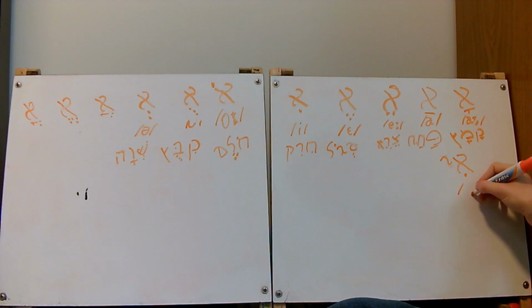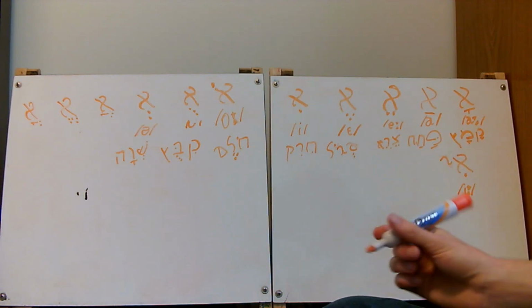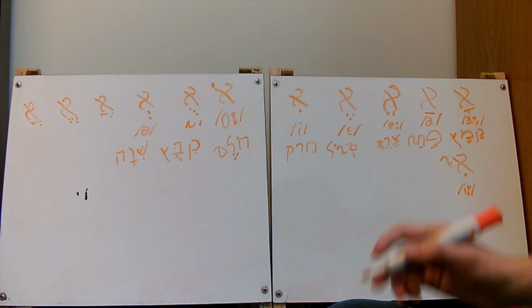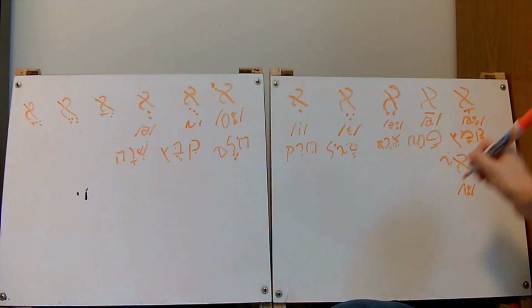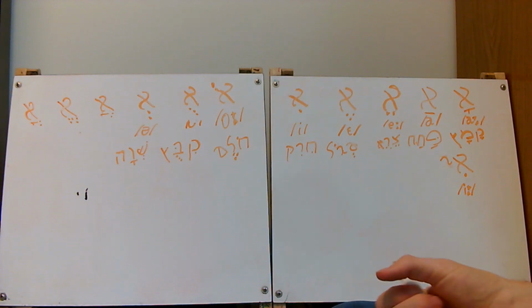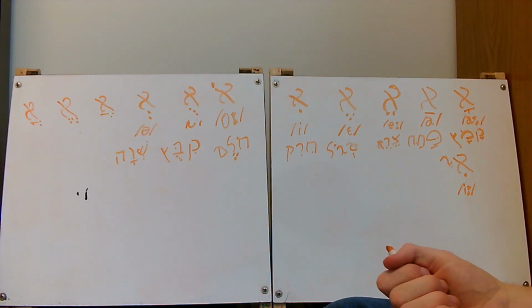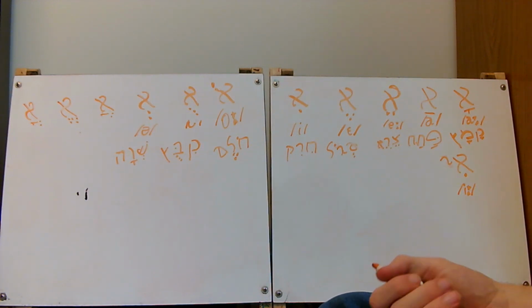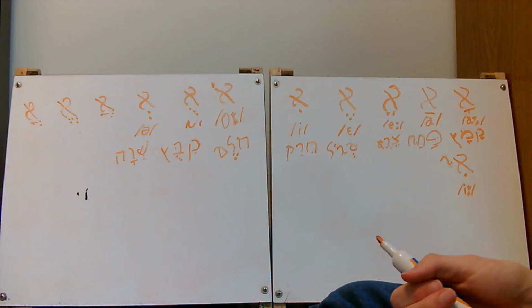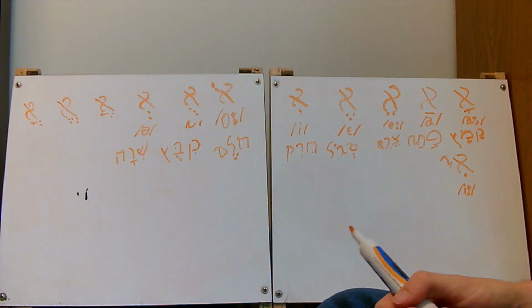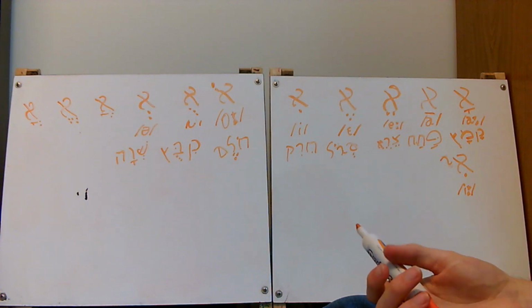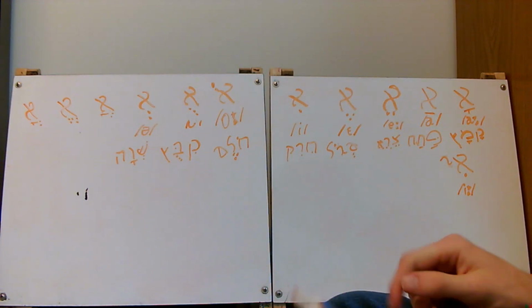This would be a long E. That's the long E. So, it's called chirik yod because, of course it is. I don't really need to write its name, it's just because you already know the name Yod, and you know Chirik.